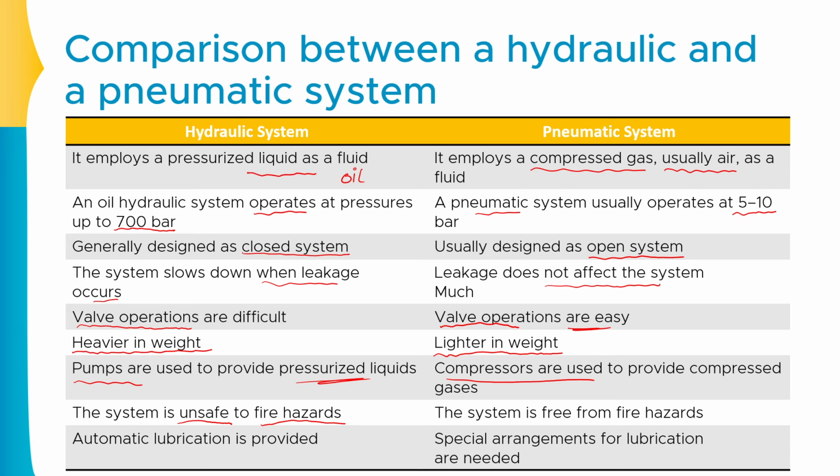When it comes to pneumatics, air is free from fire hazards. And lastly, as we are using oil in the hydraulic system as the hydraulic fluid, separate lubrication is not required. It is an automatic lubricating system. And in the pneumatic system, as we are using air, an arrangement for lubrication is needed separately. So this was the major comparison between hydraulic and pneumatic systems.